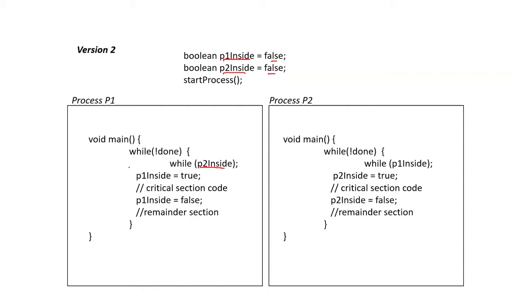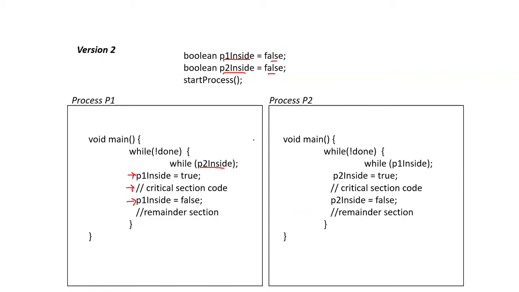Hence, it will move on to the line of code where it sets the value of p1 inside to true. Next, it will execute in the critical section, and finally, when it comes out, it will set the value of p1 inside to false, and then it will execute the remaining lines of code.